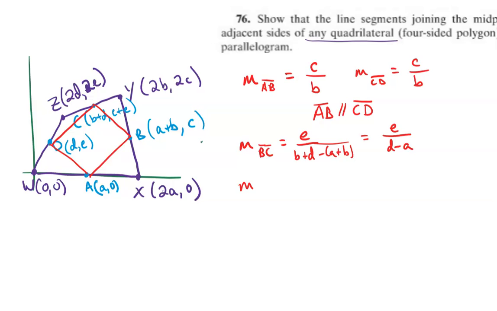So the last side, which is AD, is going to be b minus 0 over d minus a, which is the same thing. AB is parallel to BC, therefore it's a parallelogram.